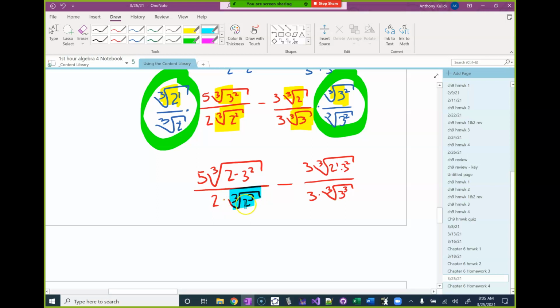Now, if I look at these pieces, the cube root of 2 cubed is just 2. And the cube root of 3 cubed is just 3. So really what I have in this denominator is 4. What I have is 3 times 3 or 9.